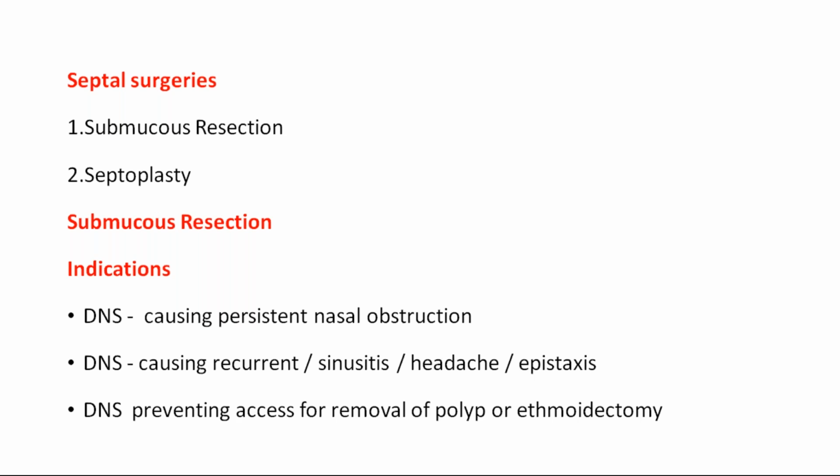So once you see the ivory white color of cartilage, you elevate the mucoperichondrial flap, then the mucoperiosteal flap. Then after elevating it, just posterior to the incision, you give a very gentle incision on the cartilage, and then go to the opposite side.